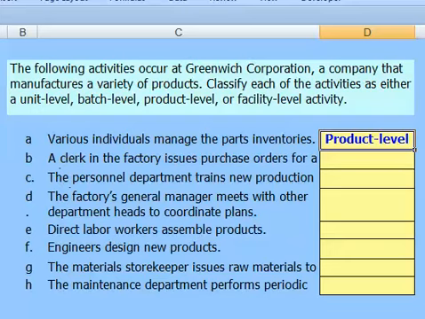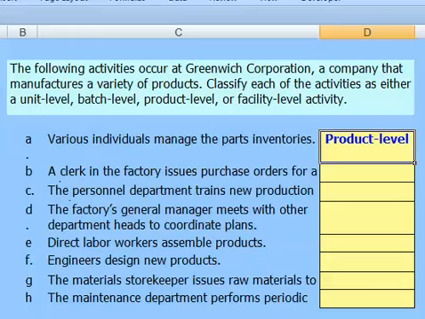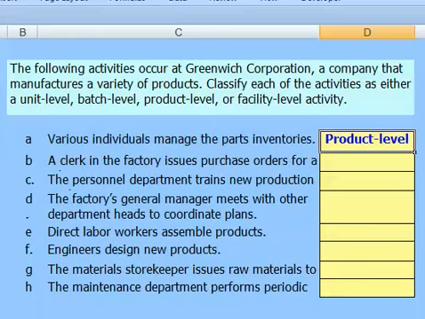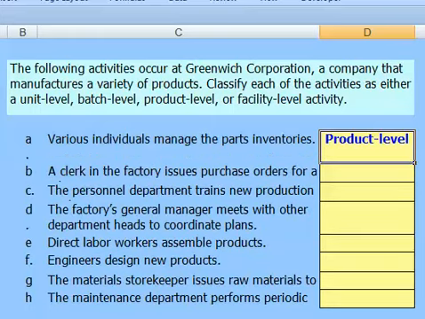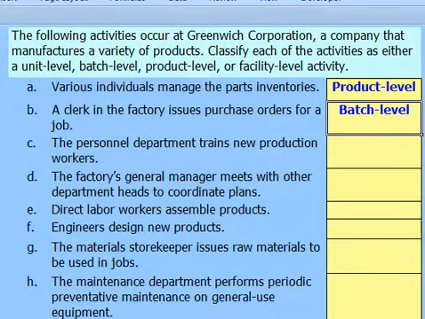The number of parts we have doesn't depend on volume or units produced, but varies on a product by product basis. A clerk in the factory issues purchase orders for a job. That would be batch related. Job by job, we have purchase orders.